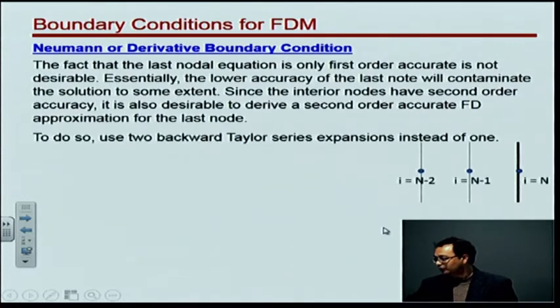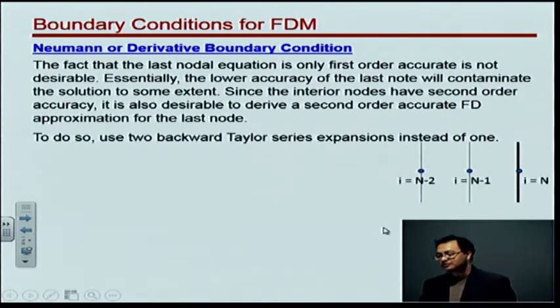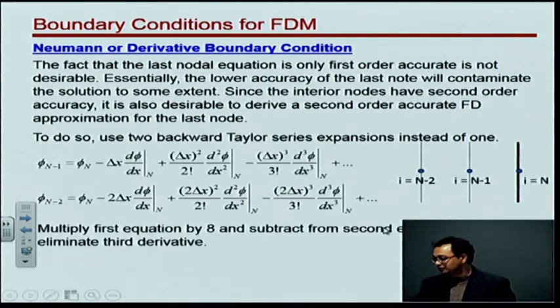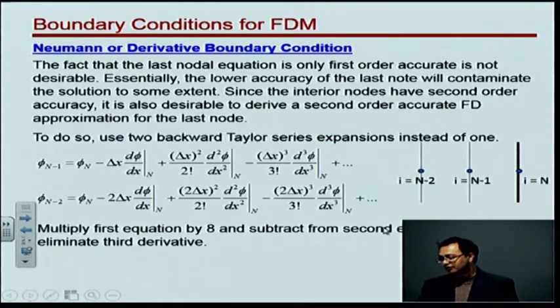Okay, so now what we do is we use two backward Taylor series expansions, or two nodes left of n. The first one is the one that we already had, which we used to derive the first order scheme. And now we have added another Taylor series expansion of n minus 2 about n with spacing negative 2 delta x.